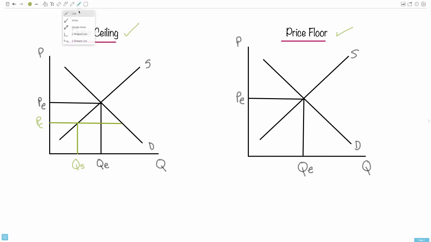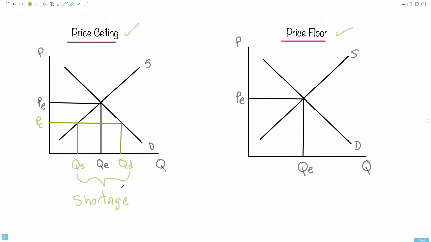On the other hand, those buyers in this market are going to welcome this type of policy, because now the government is saying, you don't have to pay PE, you only have to pay PC, and as a consequence, the quantity demanded is larger than before. Now, when quantity demanded is larger than quantity supplied as a consequence of this price ceiling, this leads to a shortage.